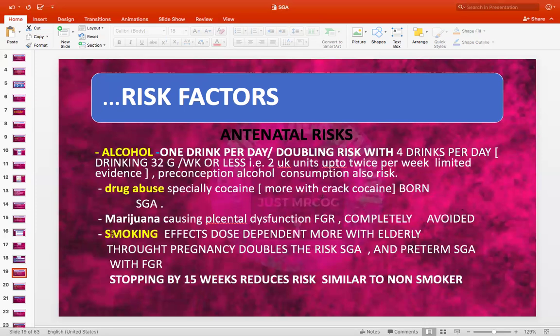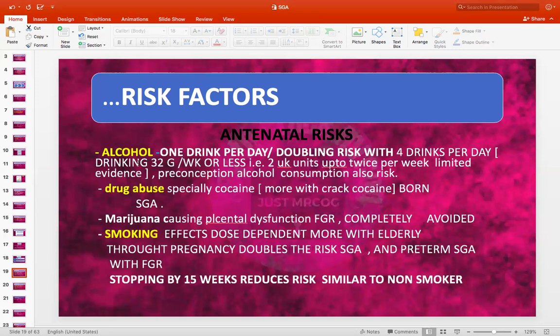Smoking. Again, patients should have a smoking-free environment because smoking's effect is dose dependent, more so with elderly. Dose dependent means how much you are taking, and it is worse in elderly. If she smokes throughout the pregnancy, it doubles the risk of SGA.